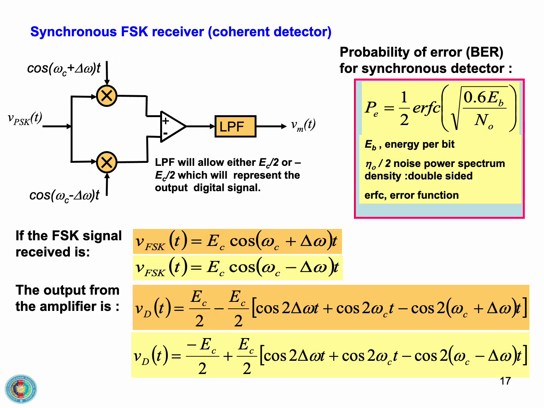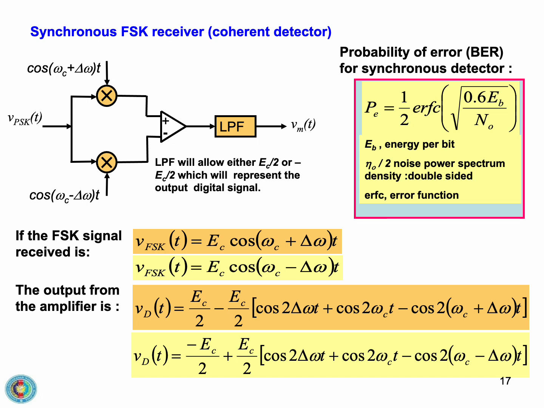Now, let's consider the synchronous or coherent FSK receiver. This method requires a synchronized local oscillator at the receiver that generates carrier signals at both omega C plus delta omega and omega C minus delta omega. The received FSK signal is multiplied by these local carriers. If, for instance, the received FSK signal is at omega C plus delta omega, the output after multiplication and filtering will predominantly be Ec/2.